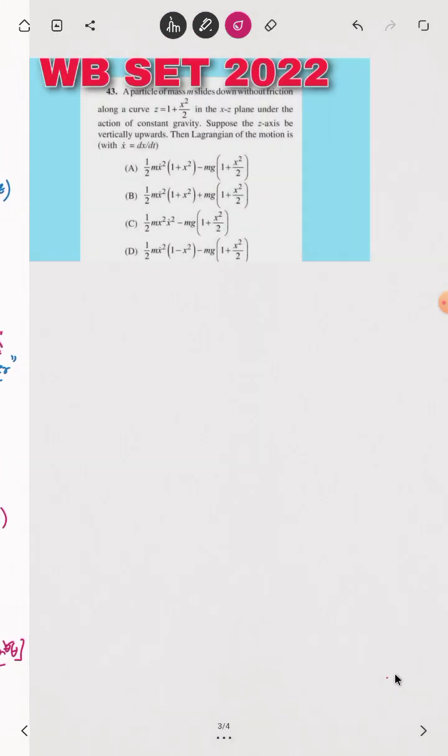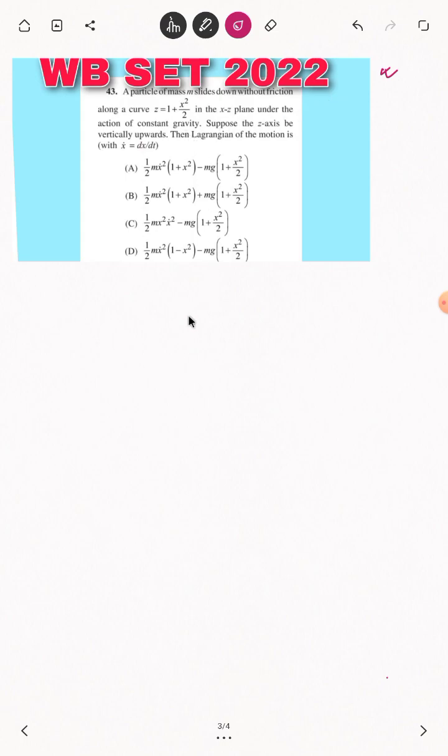Now we come to the next problem. This is WB set 2022. Here the configuration: a particle of mass m slides down without friction. Again, later in the video lectures we will discuss the beauty of a frictionless plane or space, but here there is no need to panic about that.